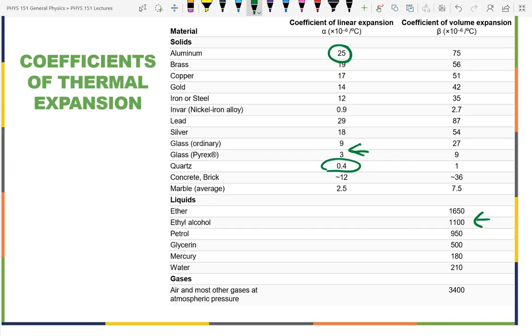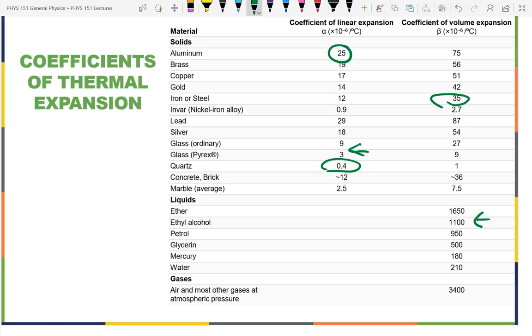So notice that number, 1100 times 10 to the minus 6, is the coefficient for volumetric expansion for something that's similar to gasoline. And if we compare that to steel, okay, this iron or steel, 35. The gasoline expands a lot more than the steel.